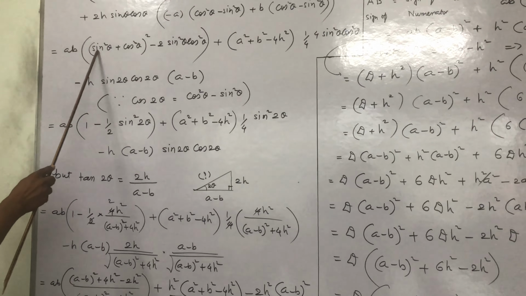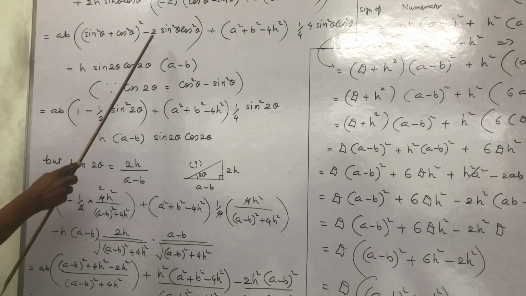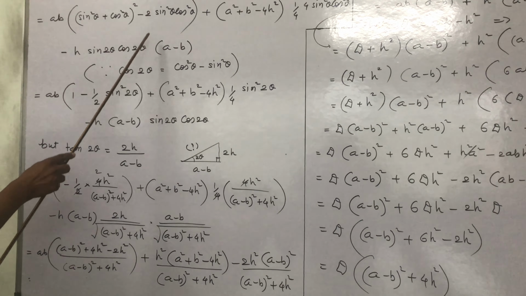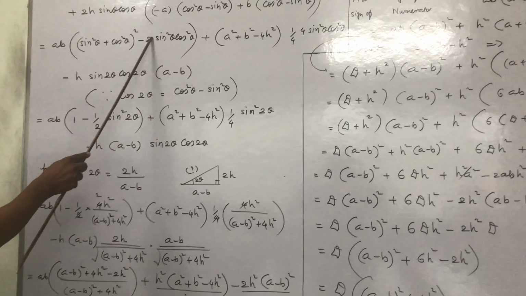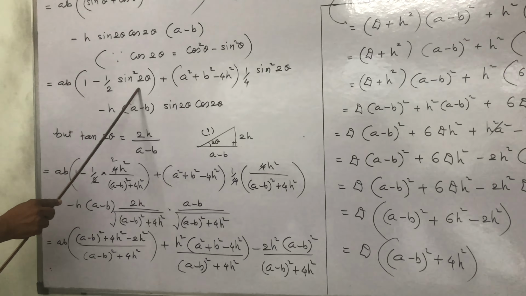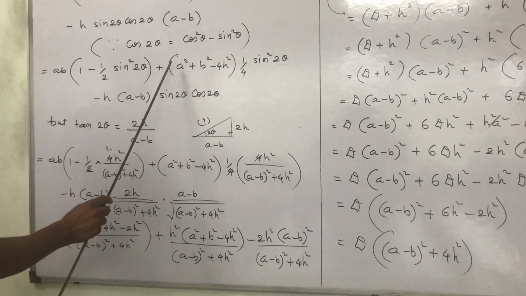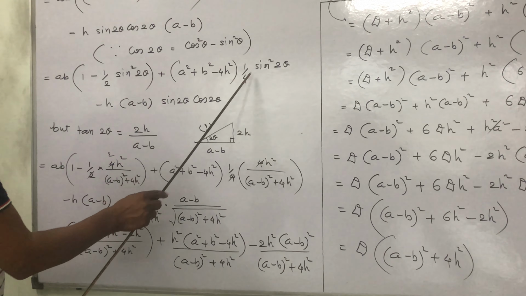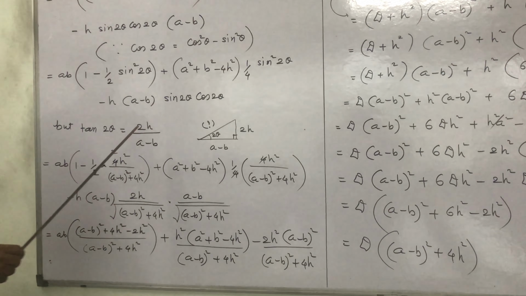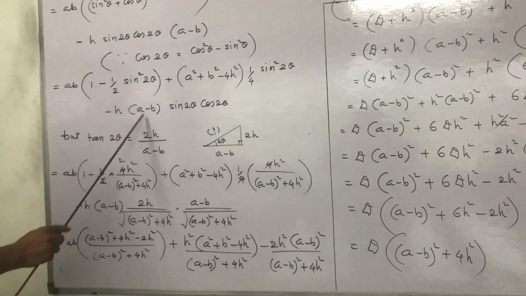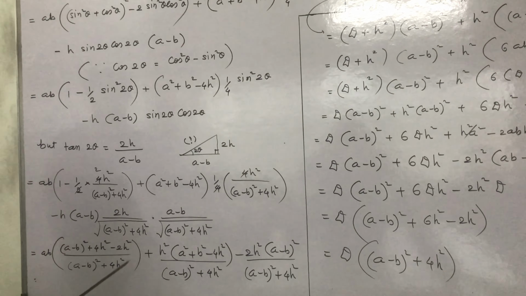So ab into 1 minus half into sin square 2 theta, because of 2, but we want 4 here. So half into 4 sin square theta cos square theta, that is half into sin square 2 theta, plus bracket a square plus b square minus 4h square into 1 by 4 sin square 2 theta, minus h into a minus b into sin 2 theta cos 2 theta.